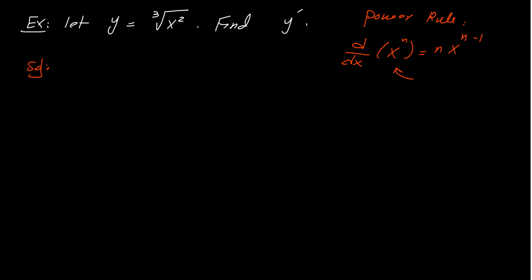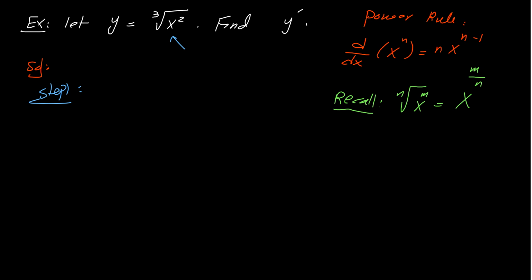So it should be written as x to the power n. I don't have it in here. But we know from basic algebra that the nth root of x to the power m is equal to x to the power m over n. So in step number 1, we rewrite this function as x to some power. In this case, we write it as x to the power 2 over 3.